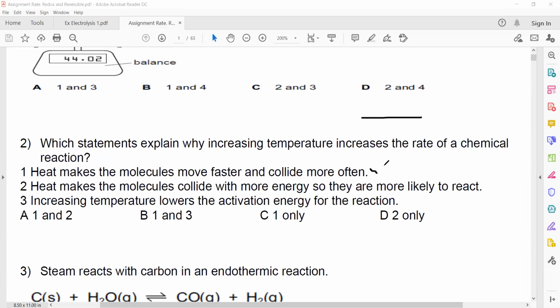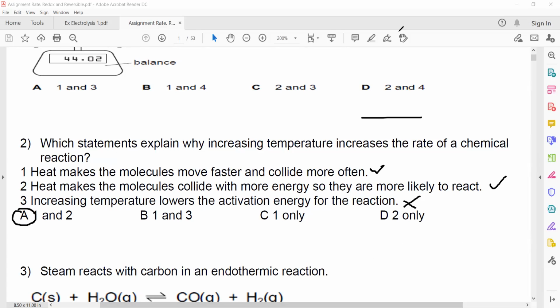That's true. Heat makes the molecules collide with more energy and more likely to react. Increasing temperature lowers activation energy? Activation energy is not affected by the temperature. It is affected by another substance which is called a catalyst. So A is the right answer.